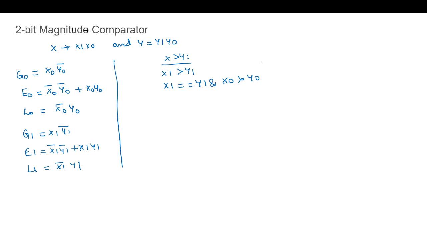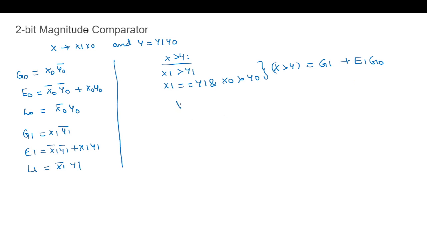So these are the two conditions in which we can say x is greater than y. So this is G1 plus, here it is equal, X1 and Y1 are equal. So E1 and G0. So in this way we can obtain the equations from this G0, E0, L0.